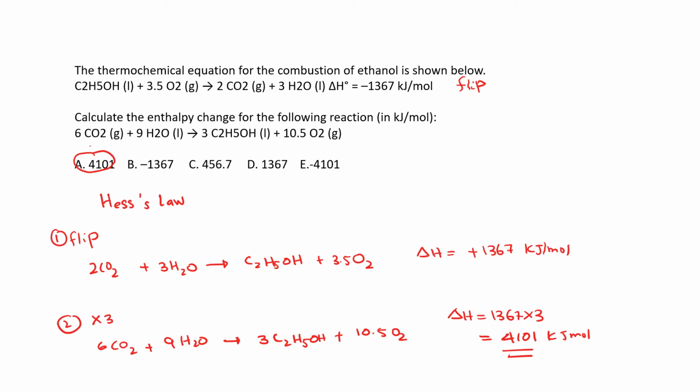And then look at this 2 CO2. If you flip, you end up with 2 carbon dioxide, but you have to calculate for 6 carbon dioxide. So we are going to multiply this reaction by 3. And if you multiply the reaction by 3, then you have to multiply your delta H by 3 as well. So your answer for this question is A.